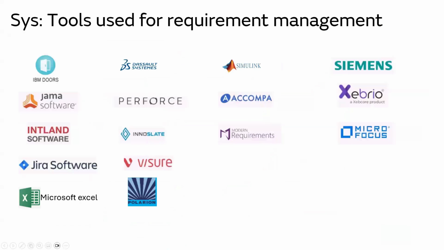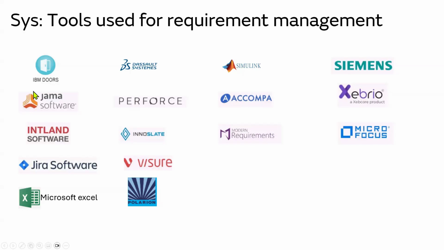So let's look at what tools are in the market. There are so many different tools in the market for different industries. In automotive, for example, you may find some using IBM tools. Some companies use Dassault Systemes, Siemens, Jira, and all of that, and Simulink as well.